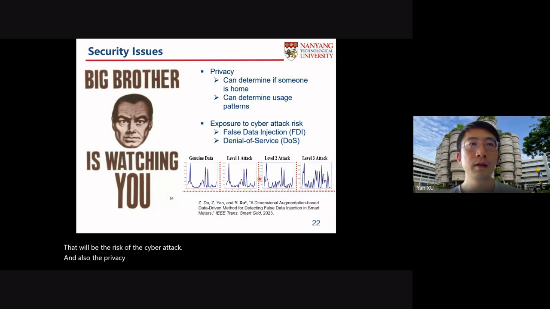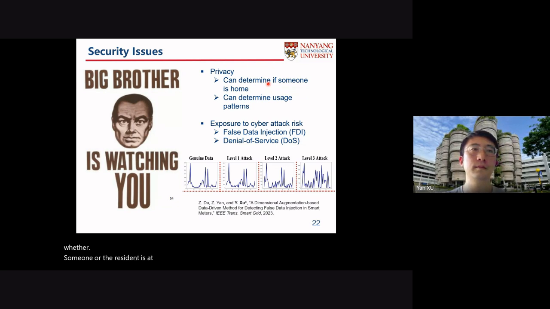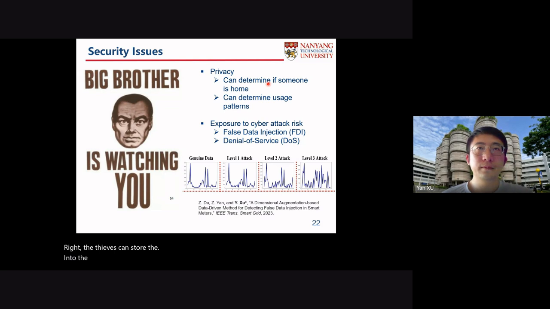Intuitively speaking, if we can collect the smart metering data, we can immediately determine whether the resident is at home. If we can determine this, it becomes a safety issue, right? Thieves can break into the household. And if we know the data, we can determine the usage pattern.